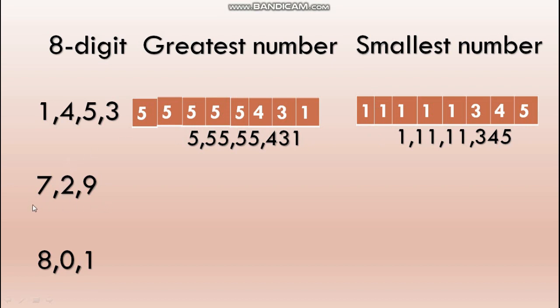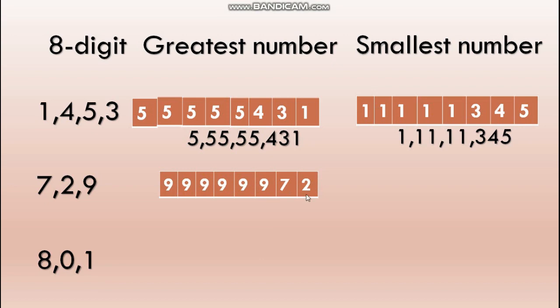Now look at these digits. They are 3 in number. So first step, what we will do? We will arrange all of them in descending order and put them in ones, tens and hundreds place. So at ones, tens, hundred place we will have 972.